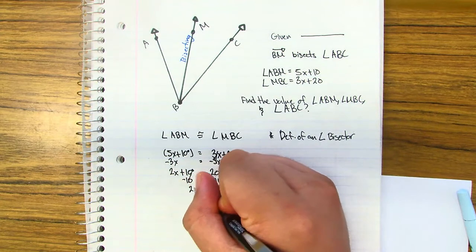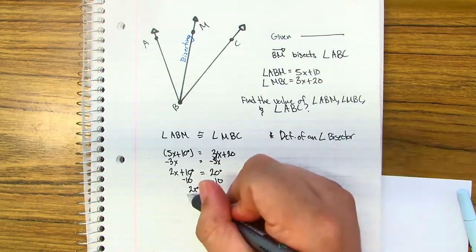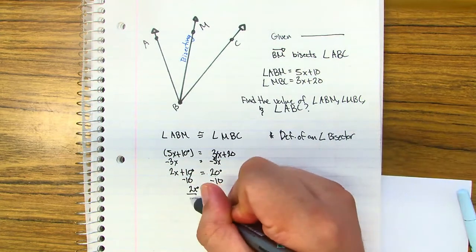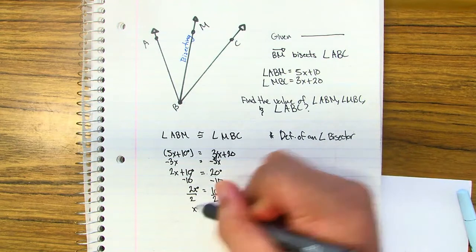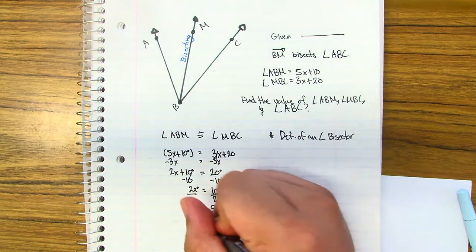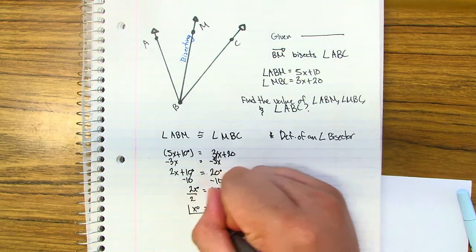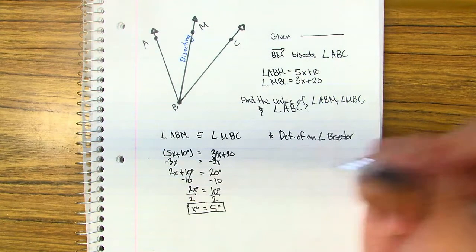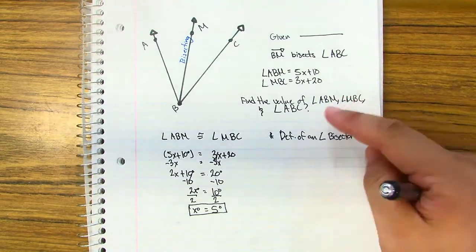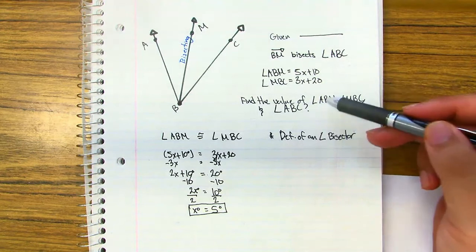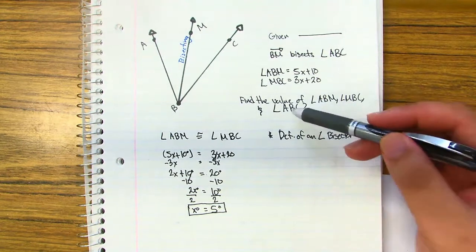Drop down 2x, and then, once again, everyone's familiar with this step, divide by 2, and x should equal 5 degrees. Make sure you're not rushing, because a lot of students rush and forget the real question. What is the value of ABM, MBC and ABC?